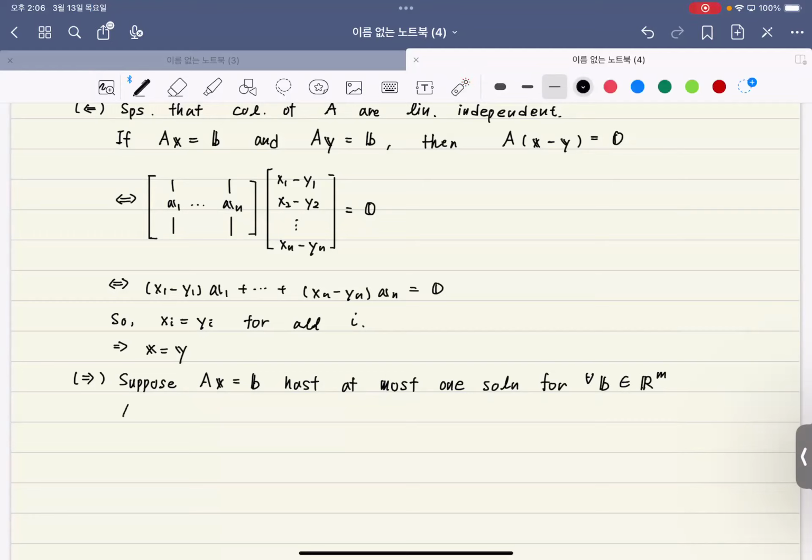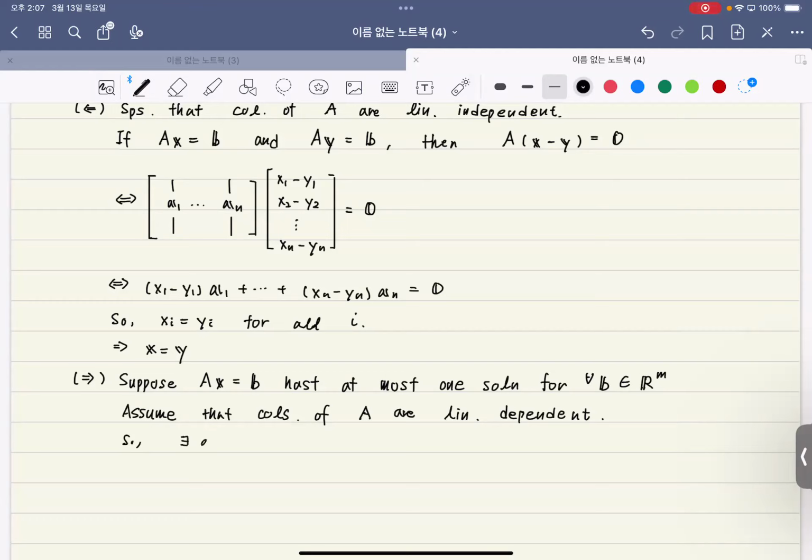So assume that the columns of A are not linearly independent. In other words, they are linearly dependent. Then that means the null space of A must be non-trivial. So I must be able to find at least one non-zero vector from the null space of this matrix.